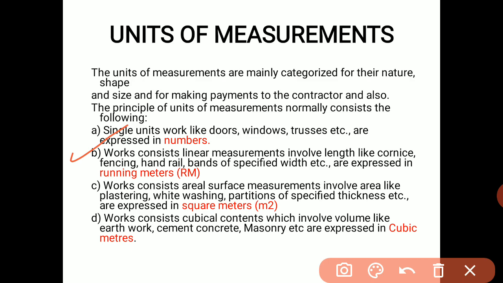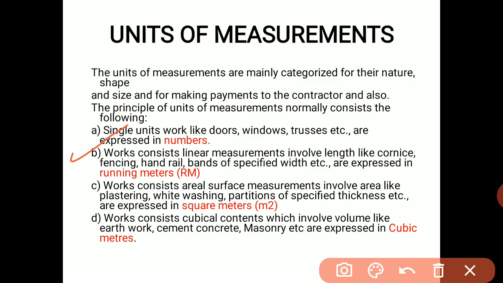Then work consisting of linear measurements, like cornice, fencing, handrail, bands of specific width, are expressed in running meter. Also a plumbing pipeline is measured in running meter.